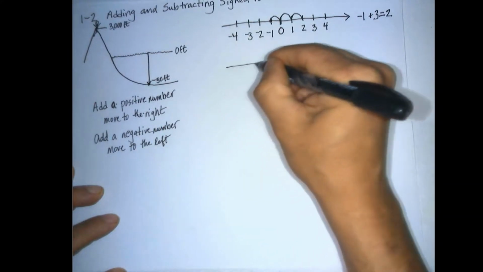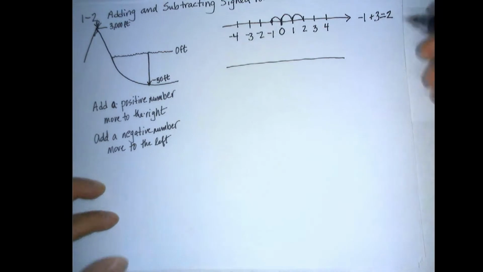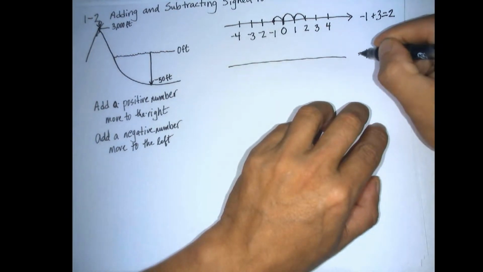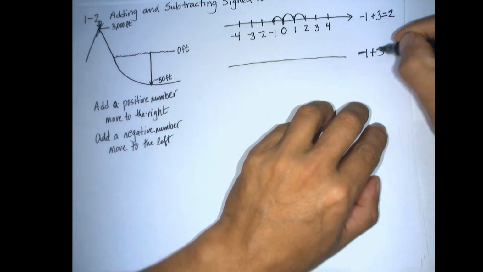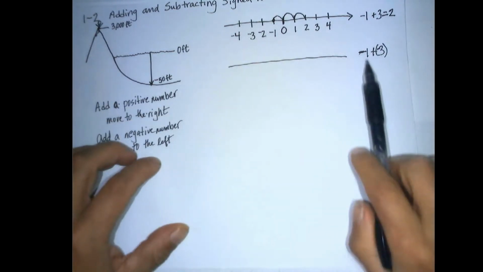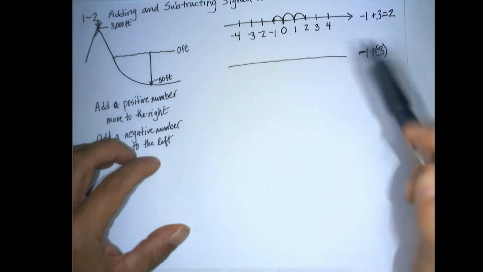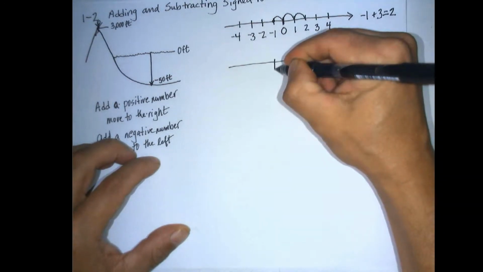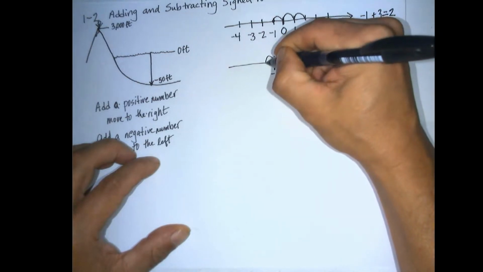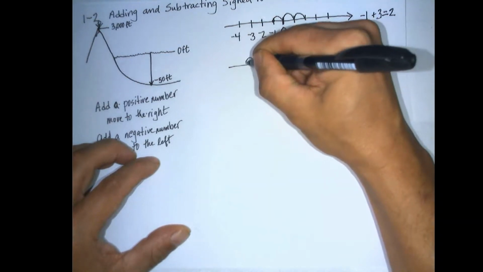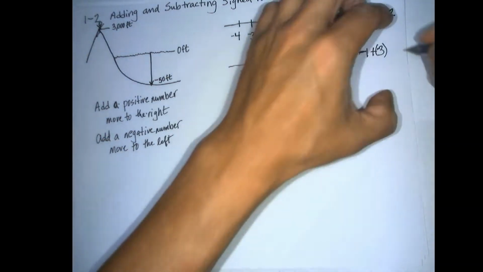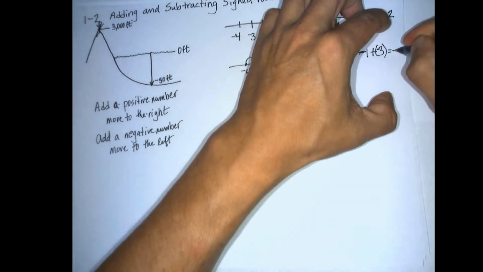So, if I say, what is negative 1 plus negative 3, since we're adding a negative number, we're going to start at negative 1, and we're going to go 1, 2, 3 places to the left and be at negative 4. So negative 1 plus negative 3 is negative 4.